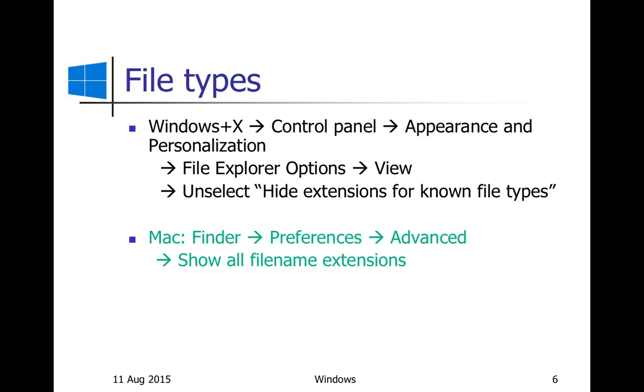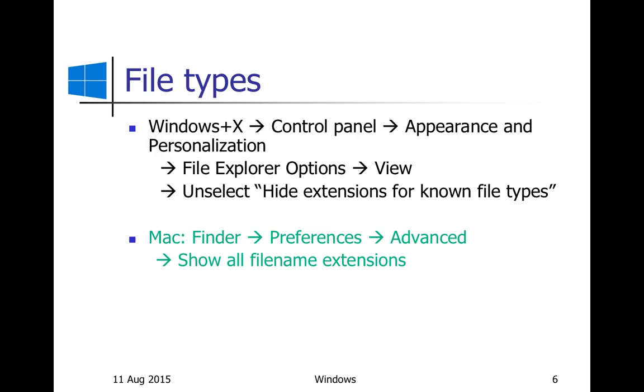Originally, the Mac did not identify file types through the extension, but later it was forced to do it because the majority of computers use Windows, and so the majority of files around were produced by Windows computers.